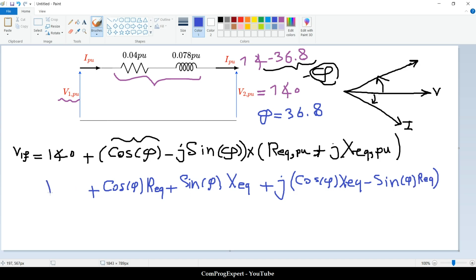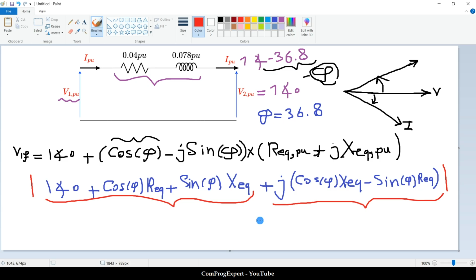This is plus 1. Okay, so when we calculate the voltage regulation, we need to take the amplitude of this complex number. This is the real part and this is the imaginary part.